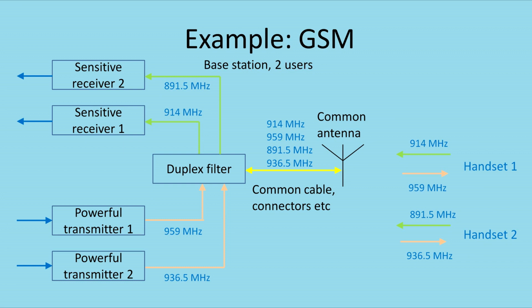Note that since we're using different frequencies, the users can coexist without interfering with each other. This is a typical frequency division multiple access, FDMA scheme. The antenna and cables now handle 4 signals simultaneously. Everything works just fine, but pretty soon trouble is on its way.